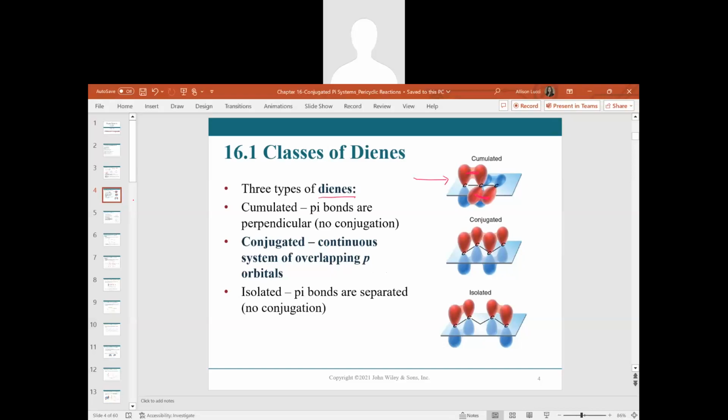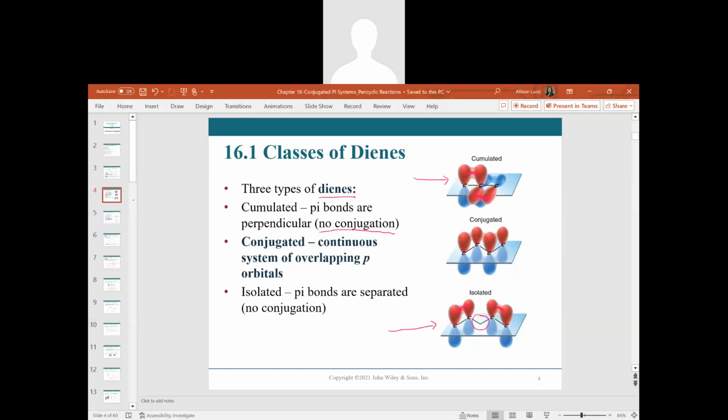So these two pi bonds will be perpendicular, and we have a lack of what's referred to as conjugation. We'll also look at this last grouping here next, the isolated pi bonds. We see the overlap here, this more than one single bond in the middle, and then the overlap over here. So again, there's no conjugation of these two pi bonds, and they are called isolated.